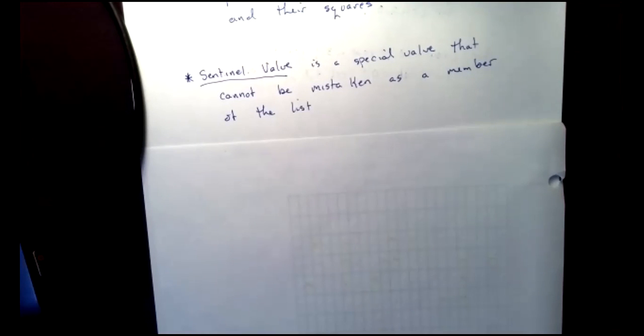Good example: if I was saying enter test scores, what would be a test score to signal that there are no more test scores? What's a test score that's not realistic? -1, right. And that's the perfect Sentinel value. So you could say, please enter values, enter -1 when you are finished. And that's called a Sentinel value.